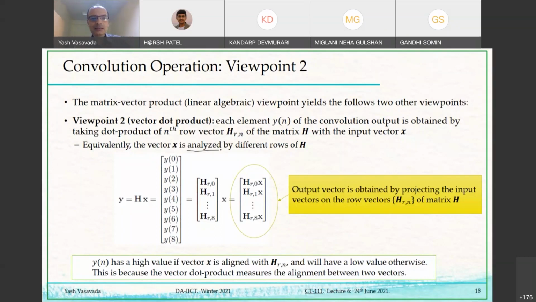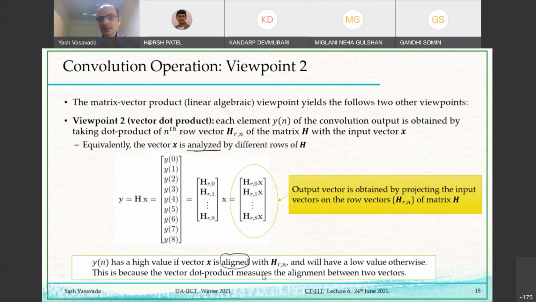And so this is now the analysis viewpoint. We are analyzing X, and we are observing whether X is close to the first row, second row, third row, and so on. And when I say it is close to the first row, close to the second row, specifically, what I mean is whether it is directionally aligned. Because that is what the vector dot product does.